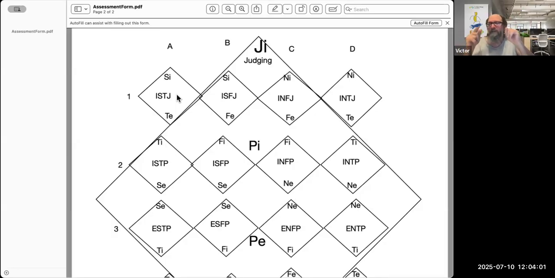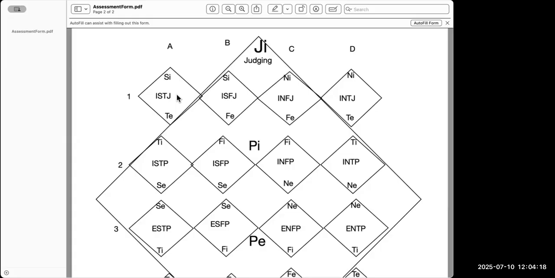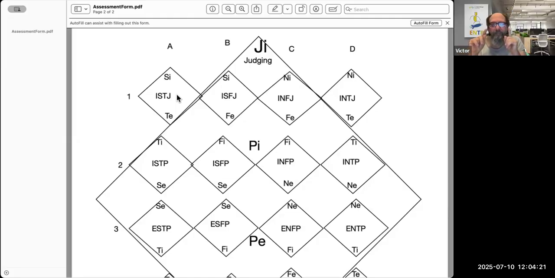So if it's J, the second letter is extroverted, and the first letter is going to be the dominant introverted. But if it's P and introverted, that points to the first letter, S, the irrational letter, being extroverted, which means the second letter, T, will be introverted.